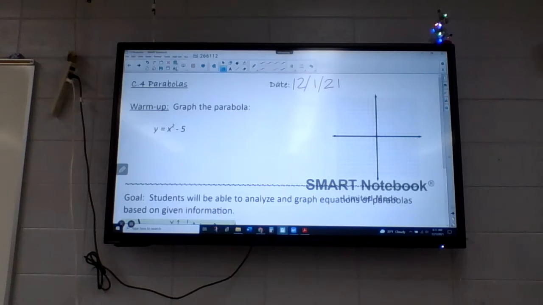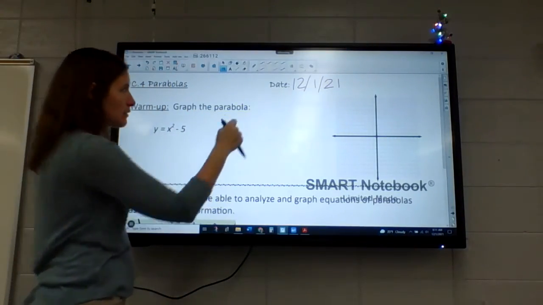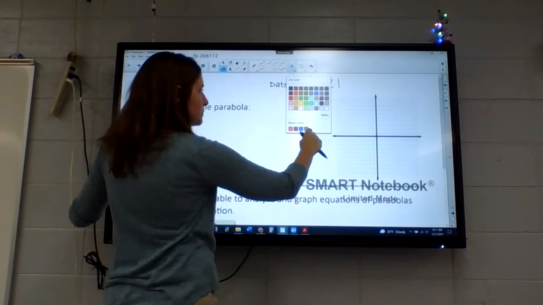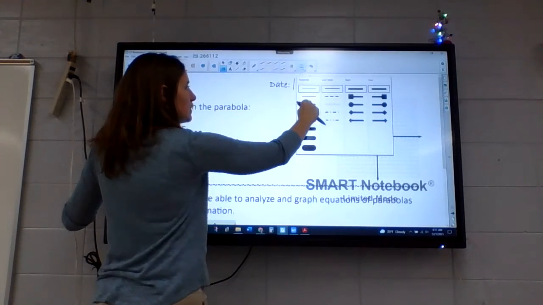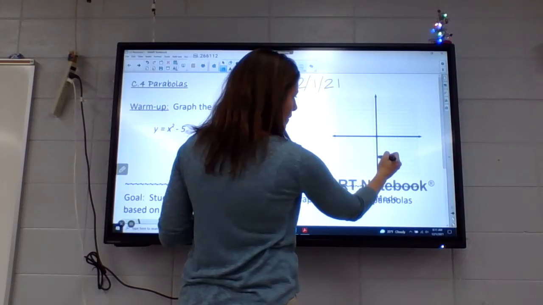Matthew, your graph looks pretty good. What did you do? Did you just remember how to graph it? No, I just subbed in numbers. Okay, yeah, that's what I was going to ask. So if you were unsure, you could substitute numbers in. If you put 0 in, 0 squared minus 5 is negative 5. So that's how we end up down at negative 5.